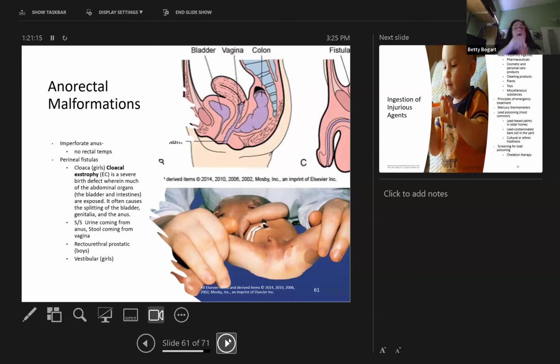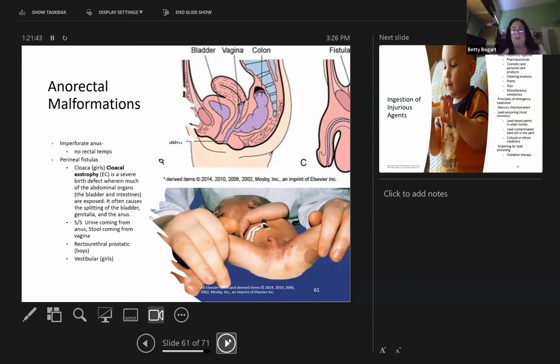Anorectal malformations. Do you know you can be born without an anus? In my career, I never saw that, but I have seen different sorts of fistulas where we have urine coming out of the bowel, and I've had stool coming out of the vagina.